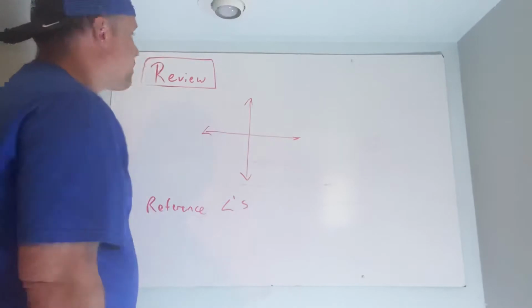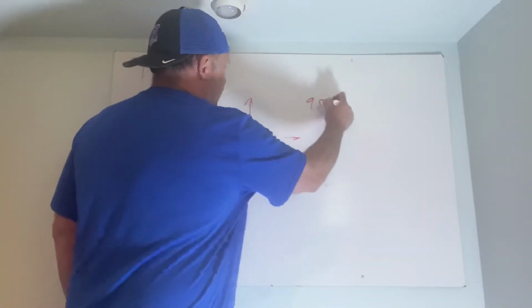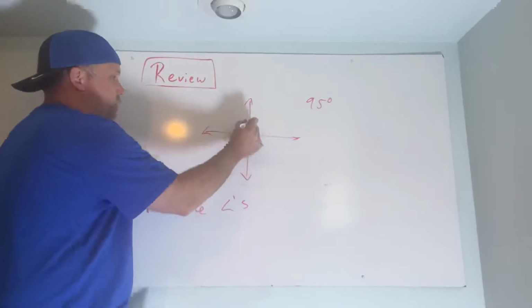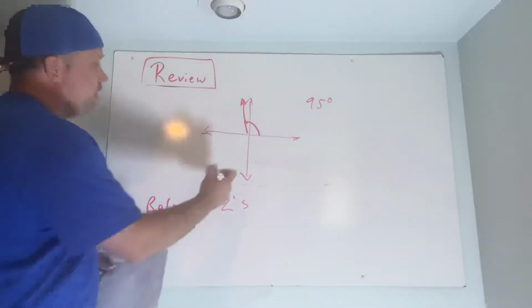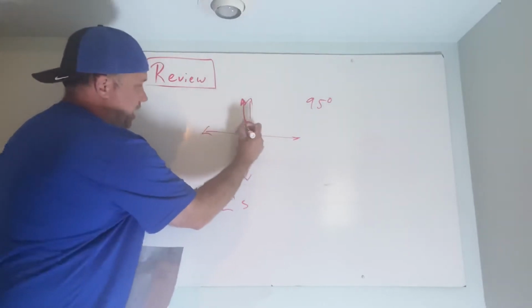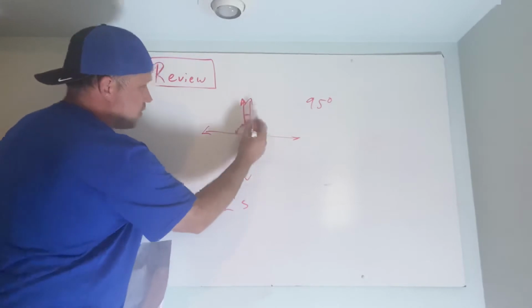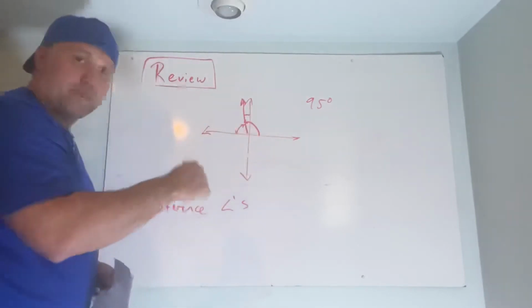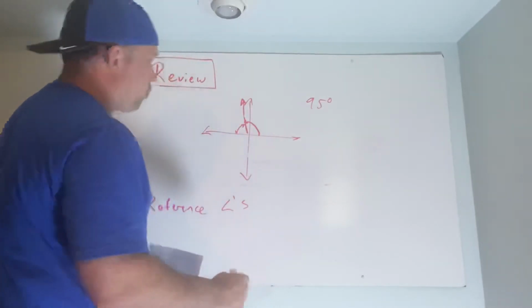For example, if I ask you to tell me the reference angle for 95 degrees, 95 degrees is right here. Its reference angle is the angle that's formed with the x-axis down here. Not this skinny little angle right here. That's the y-axis. We never ever use the y-axis for reference angles. It's always the x-axis only.